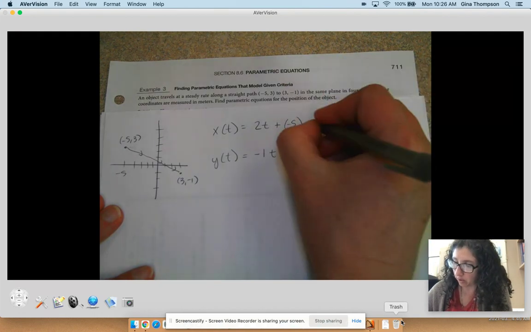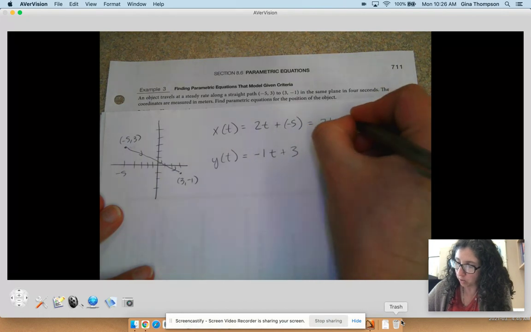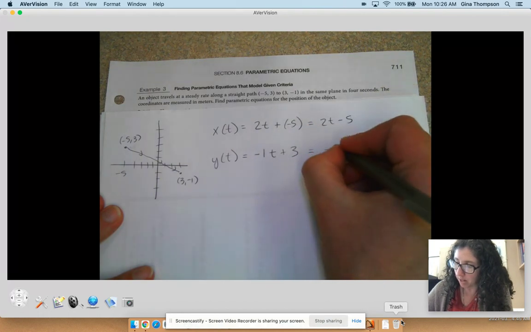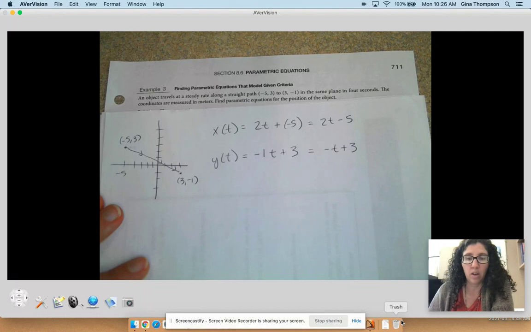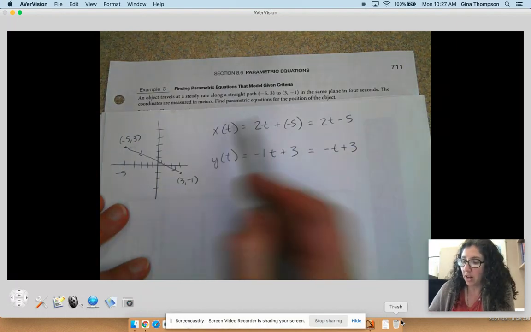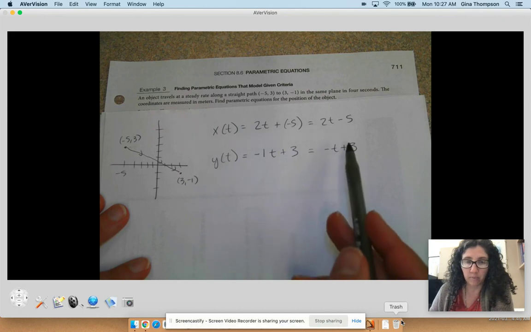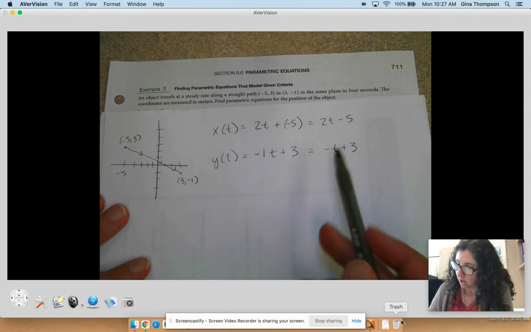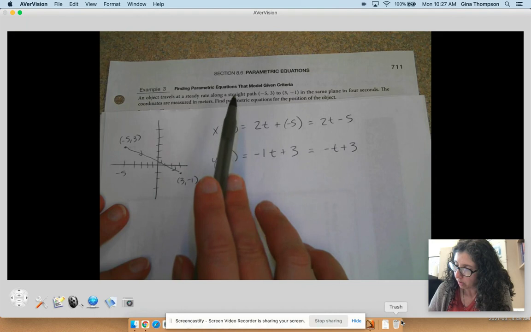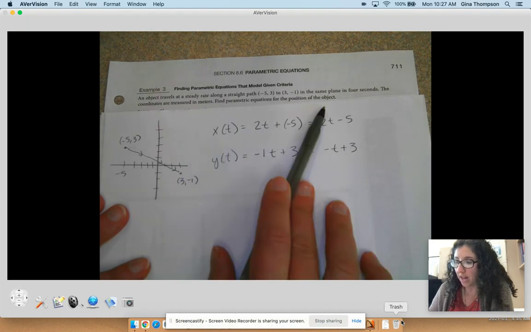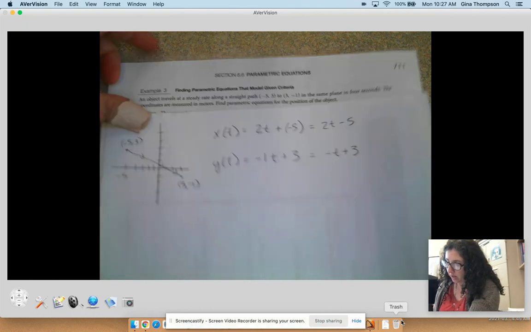I could write 2t minus 5, and I could write minus t plus 3. So this is our x position as a function of time, and this is our y position as a function of time. Okay, and that's what they wanted us to do, just find the parametric equations for the position of the object.